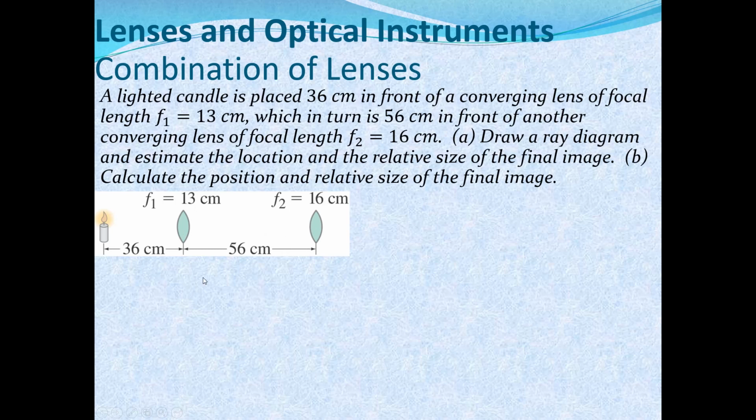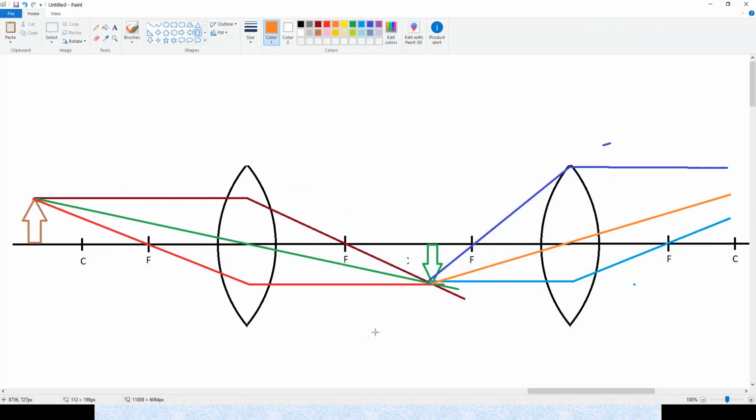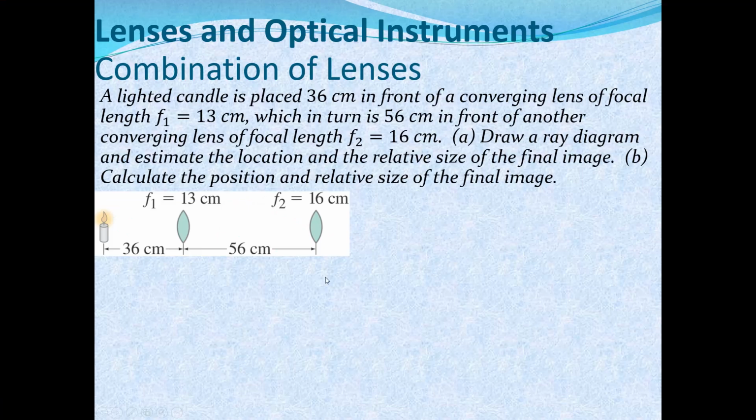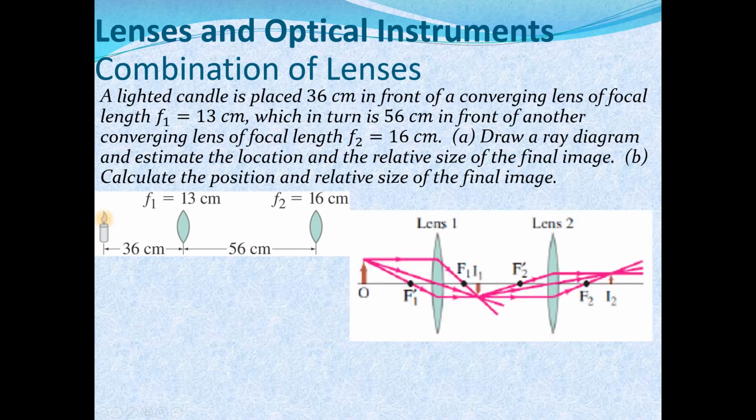So they're not going to have an overlapping case, because then what I did here wouldn't make sense if this was the second lens's focal point. But that's what I end up getting. I pretty much get a similar result from last time, so we'll see if that works out.